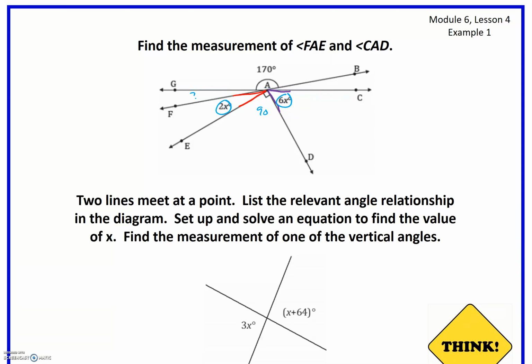So if I erase that blue line and I take a look at this, 170 degrees from here to here. Well, 170 degrees plus this next missing angle is going to add another straight line. I'll try to use a different color here.